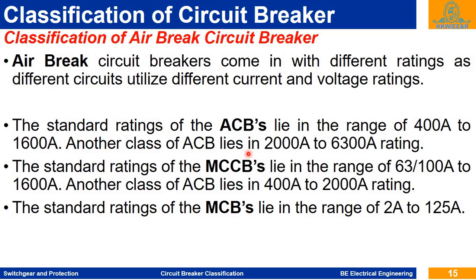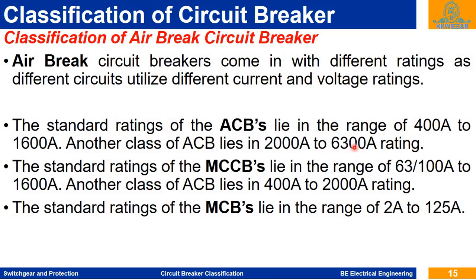Overall, the dimension, overall size and overall construction of these circuit breakers depend upon the current rating of the circuit breaker. For 400 ampere to 1600 ampere, and it is used up to 6300 ampere current rating.